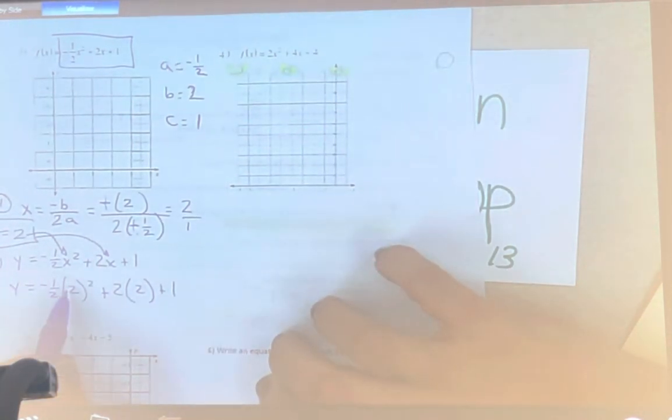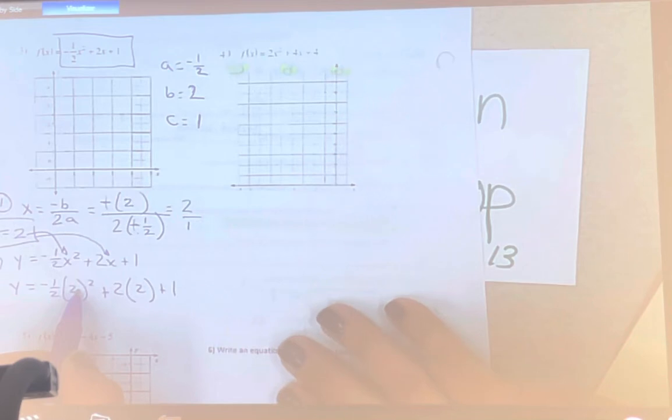All right, remembering the order of operations, there's nothing to simplify inside the parentheses, so we go on to exponents. 2 squared is 4. Half of 4 is 2, and it's negative.